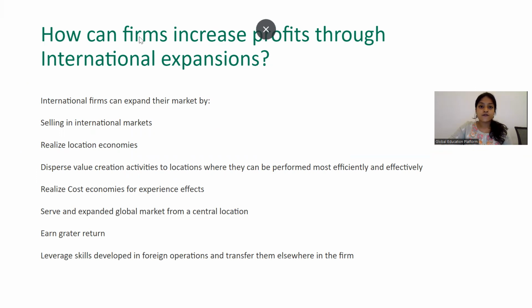So here, how can firms increase profits through international expansion? Okay. So here are some of the points on how international firms can expand their market. That is through selling in international markets. So they can also achieve more profits. And also, like we looked at in the last class, the exchange rate also matters.